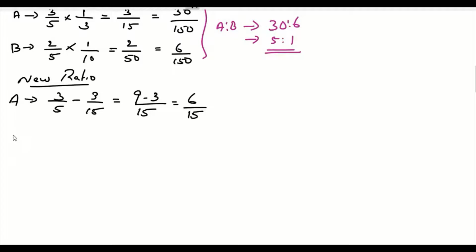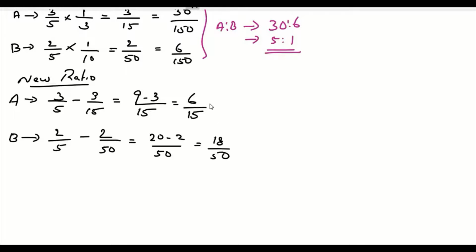Okay, now for B, his original share is 2/5 minus his sacrifice, which is 2/50. That is going to give 20 minus 2 over 50, which is equal to 18/50. Now if you wanted to keep a common denominator for both of these, we could call this 60/150, and this can be 54/150.